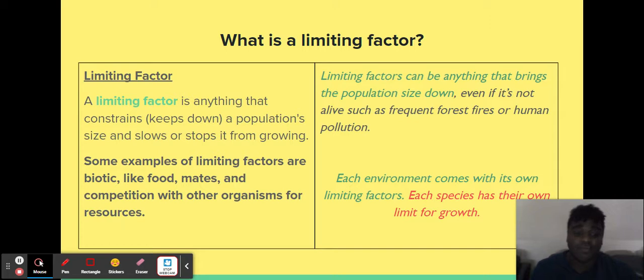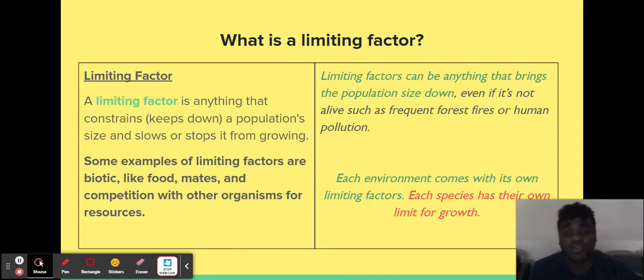Now, each environment, depending on where the species lives, has its own set of limiting factors. So an organism can be very successful in one environment, but then have a very small population in another due to changing limiting factors and how that species actually interacts with those factors. On the same side, each species in that environment has its own limiting factors and its own limits on growth because of that.